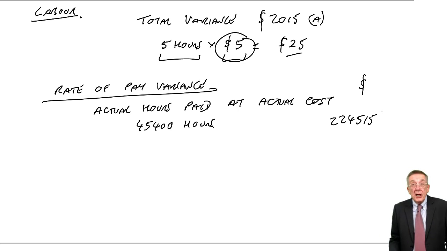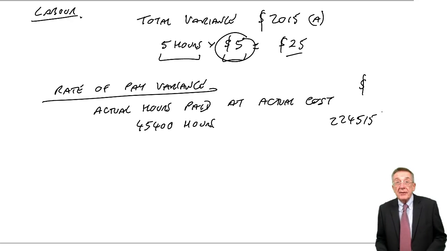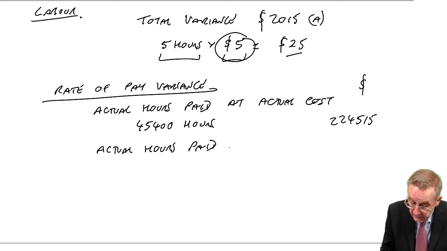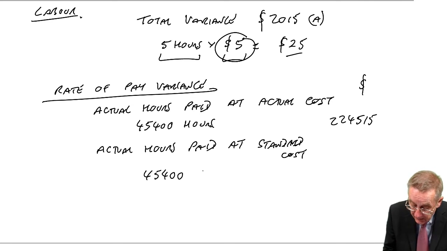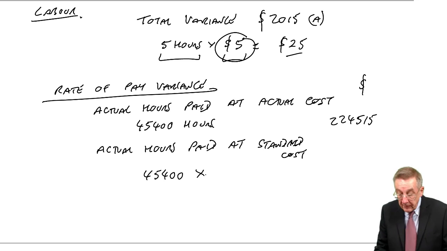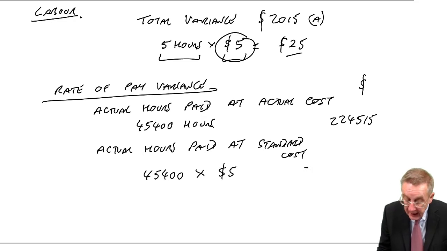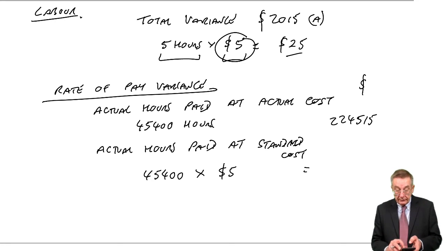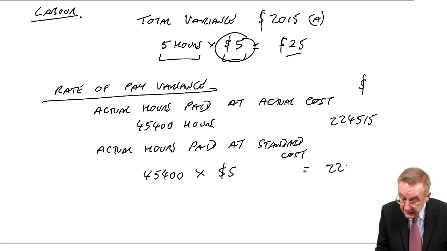Well, again, I want to know whether that was more or less than $5 an hour. So we say, how much should we have paid? Actual hours paid at standard cost. Well, again, those 45,400 hours we paid for, we should have paid $5 an hour, and therefore we should have paid in total 227,000.